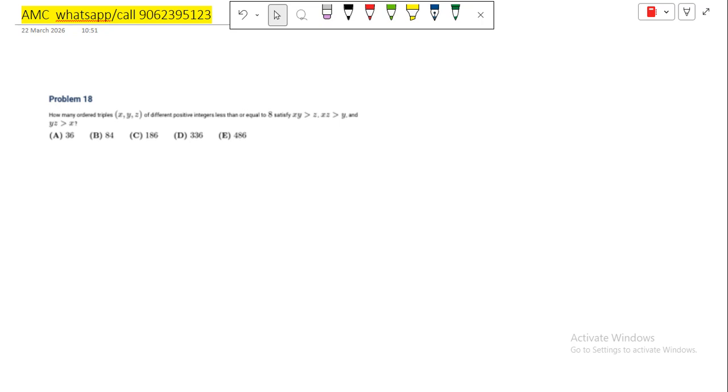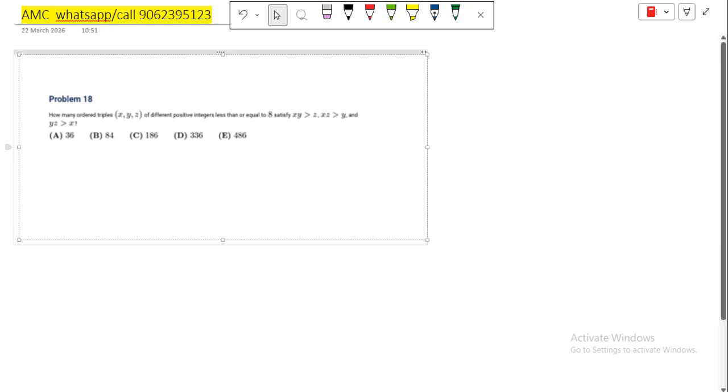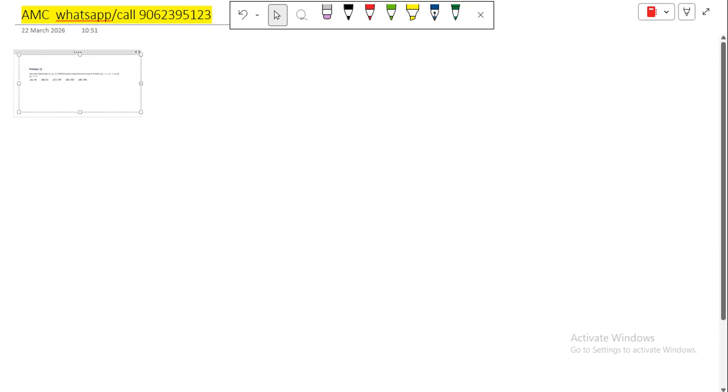We need the number of ordered triples x, y, z, and the conditions are: all are different positive integers less than or equal to 8, x plus y greater than z, x greater than y, and y greater than z. Okay, so let's solve this together.